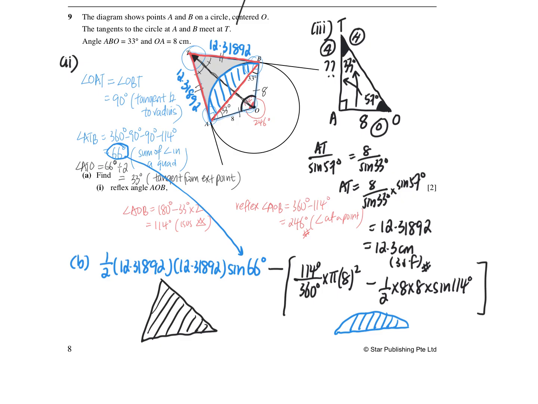Okay, but the method mark is still given. How do we know it's wrong? If the answer is surprisingly very small, then maybe something is wrong. Okay, so you will get 34.88175. So 34.9 cm squared. Okay? So go through it diligently.